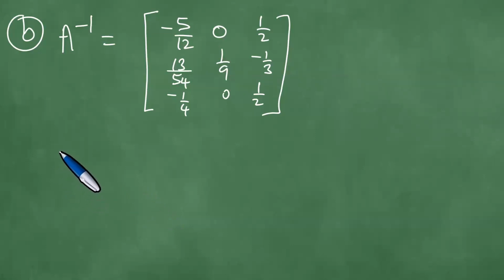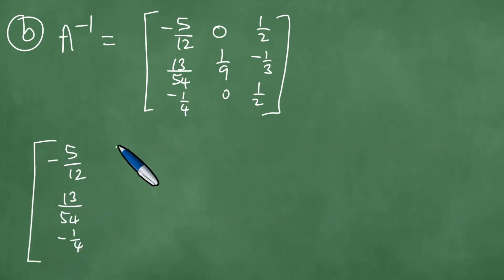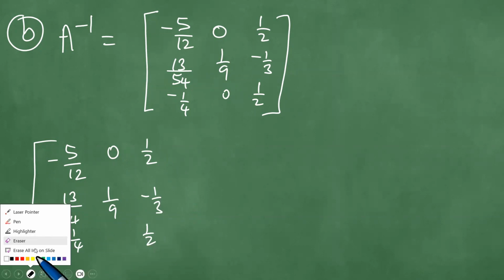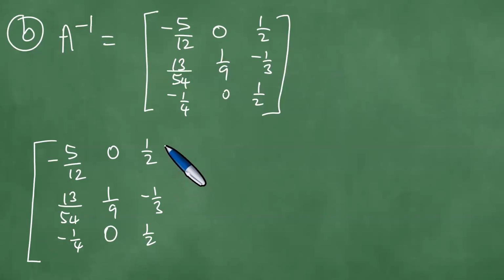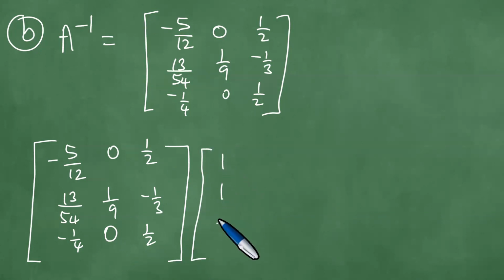Dealing with the smallest absolute value, we take the matrix minus 5 out of 12, 13 out of 54, minus 1/4, 0, 1 out of 9, 0, 1/2, minus 1 out of 3, 1/2. And the starting vector is one, one, one.